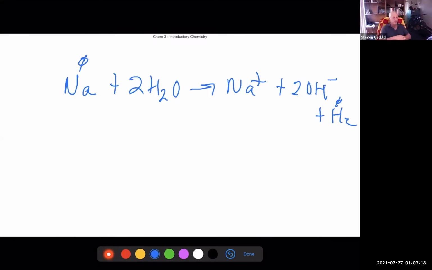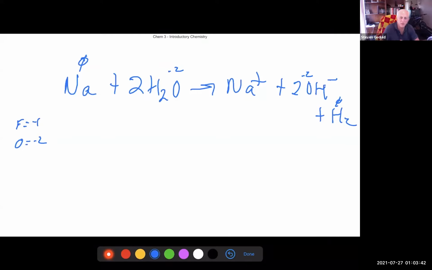The oxidation number of fluorine is always going to be -1. Oxygen is going to be -2. So let's assign oxygen here -2, and oxygen here -2.